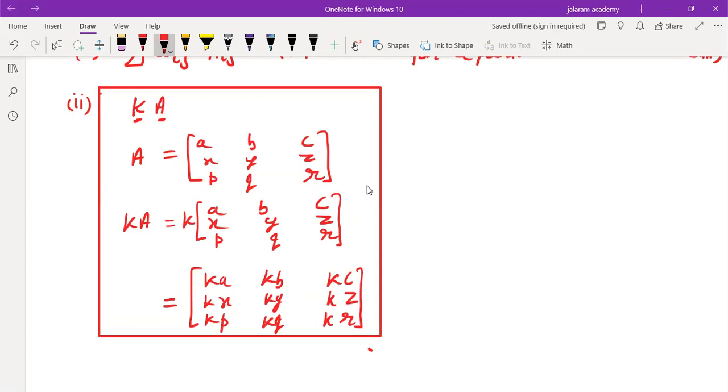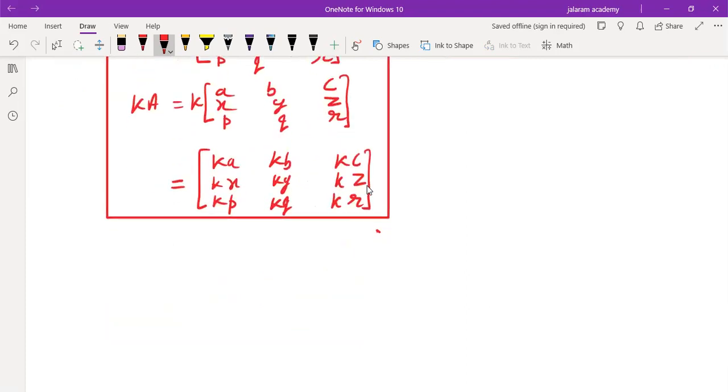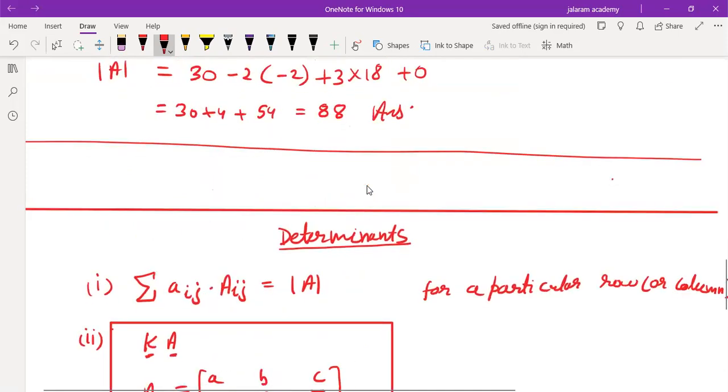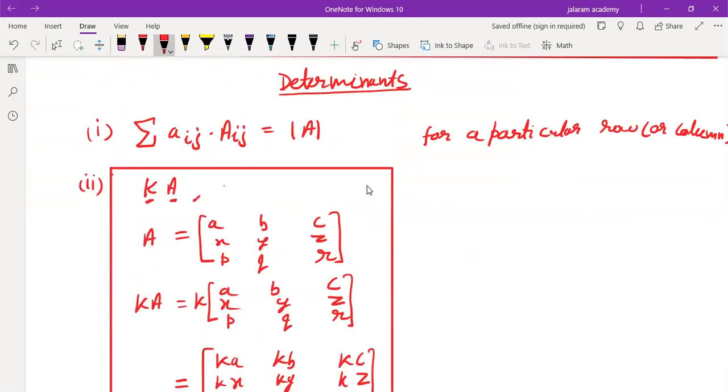But in case of a determinant, unlike matrices, it is different. I am telling you the difference between the matrix and the determinant in terms of multiplication with a scalar.